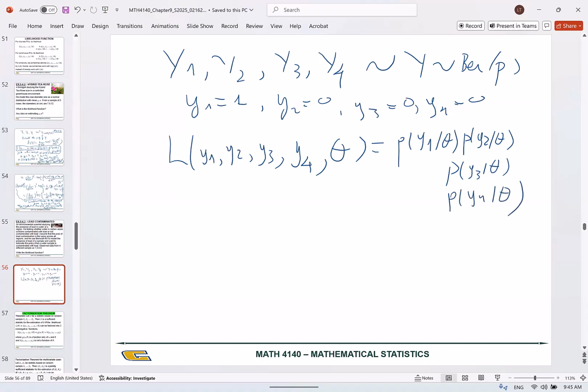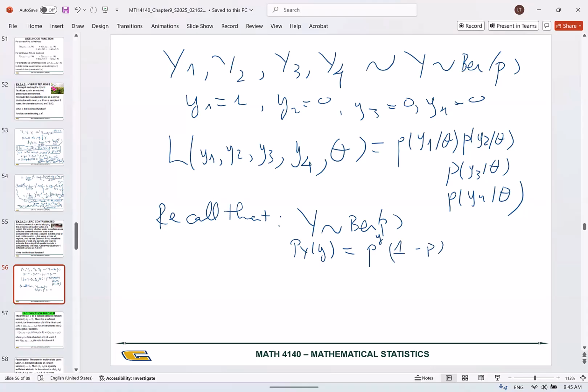Recall that if Y follows Bernoulli P, the PMF of Y is P to the Y times (1 minus P) to the 1 minus Y, where Y belongs to 0 and 1.